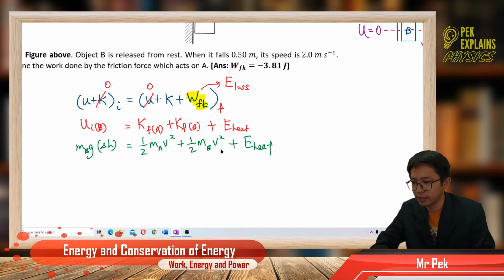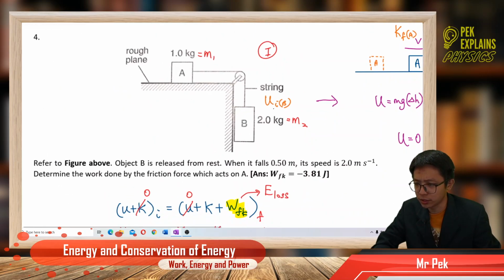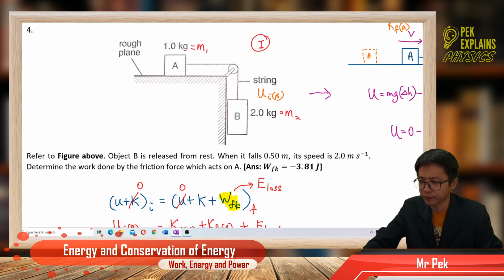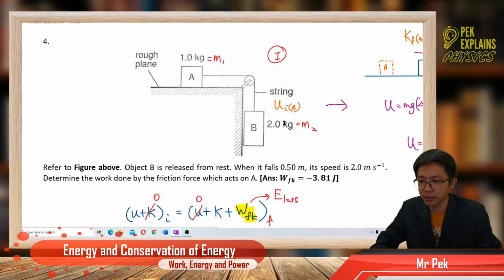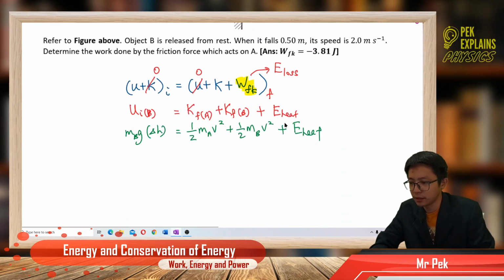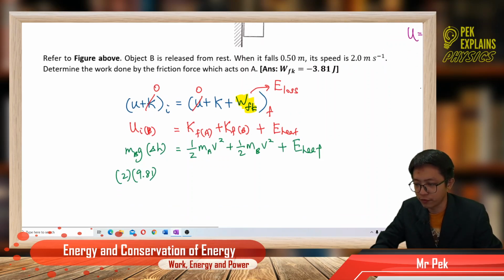Okay, let us substitute the information. We have 1 kilogram and 2 kilogram, so block B is 2 kilogram. So 2 kilogram times 9.81 times delta h, which is 0.5 meter.